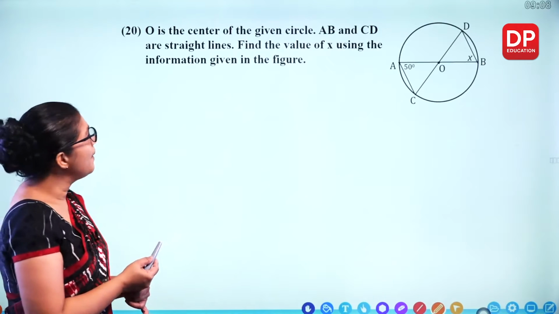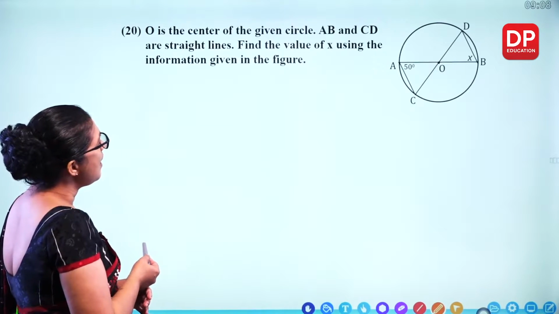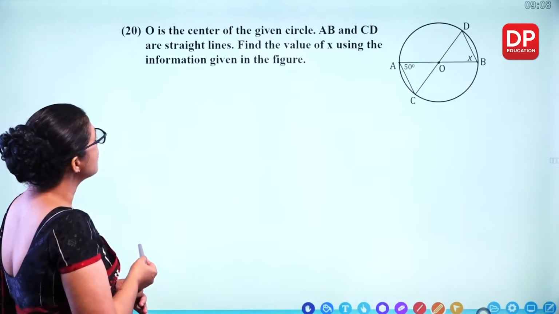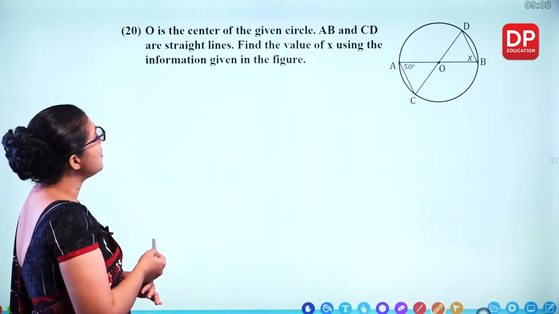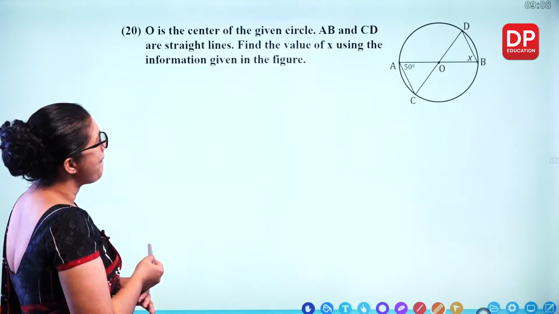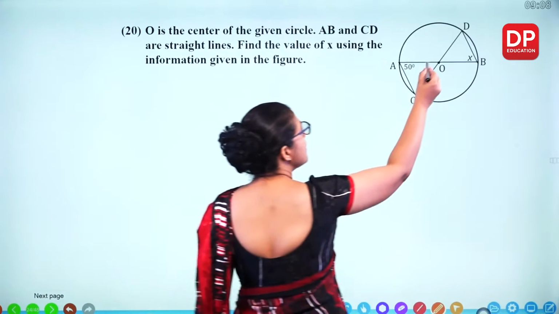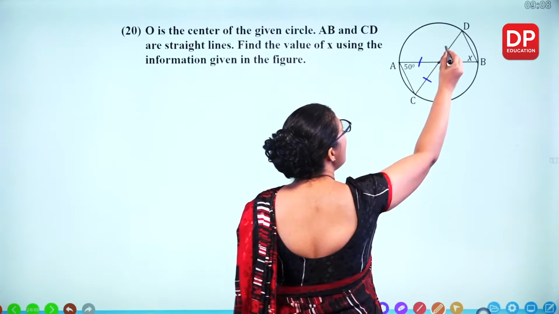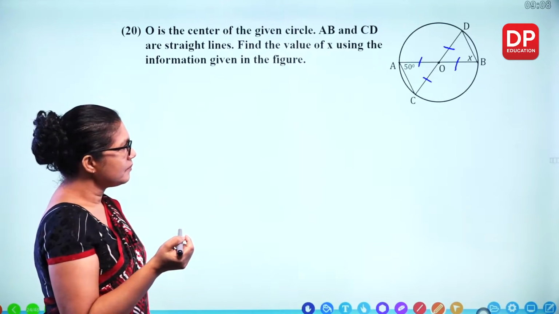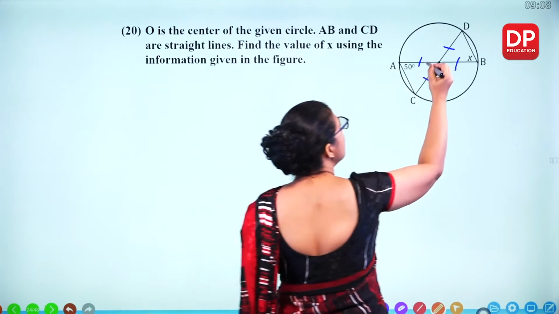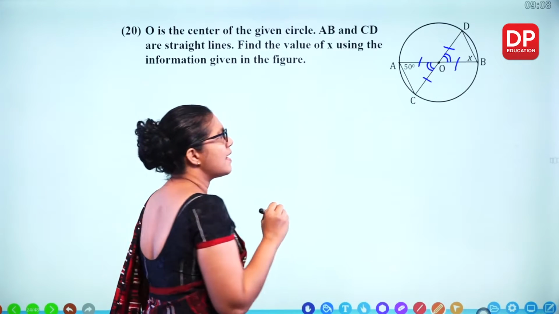Question number 20. O is the center of the given circle. AB and CD are straight lines. Find the value of x using the information given in the figure. This is the center. So these all are radii. All are equal. And here this angle also equal. Opposite angles are equal.